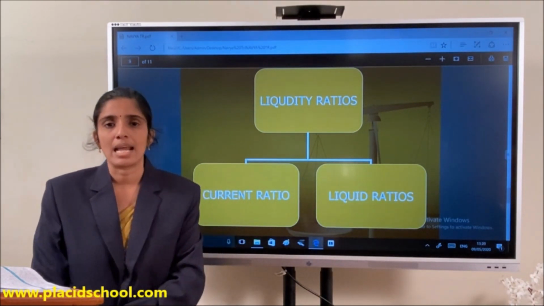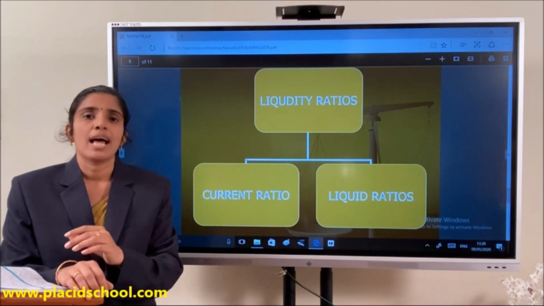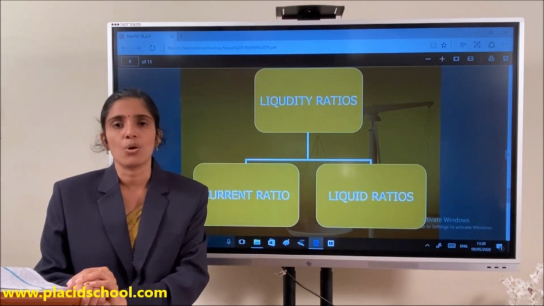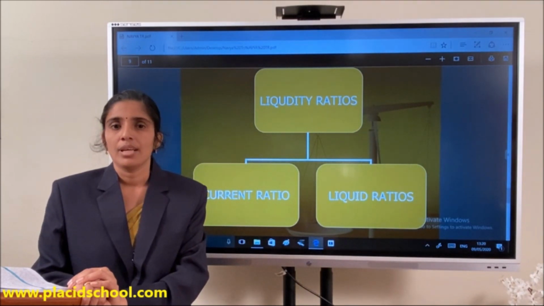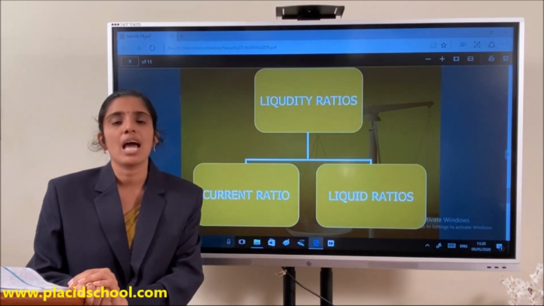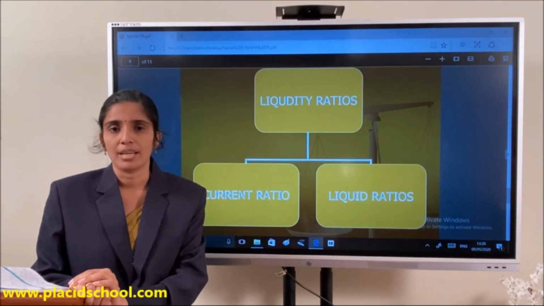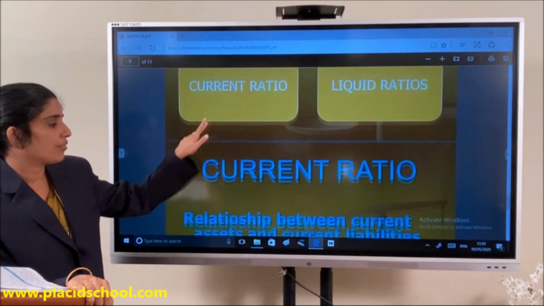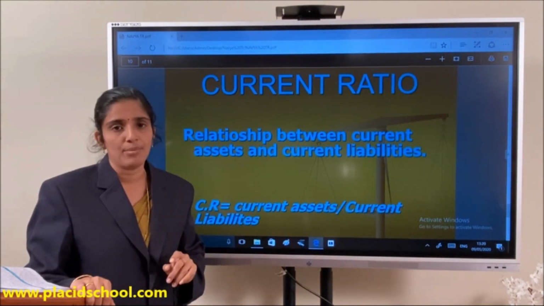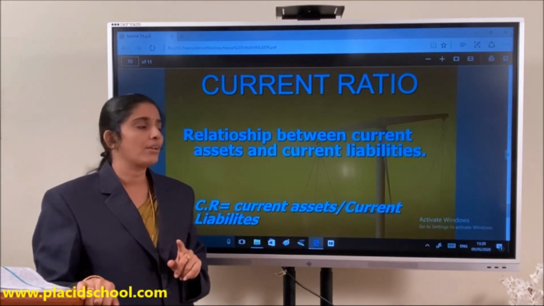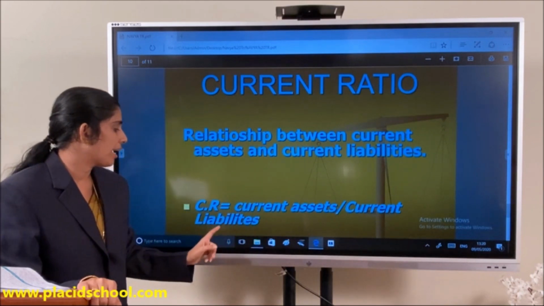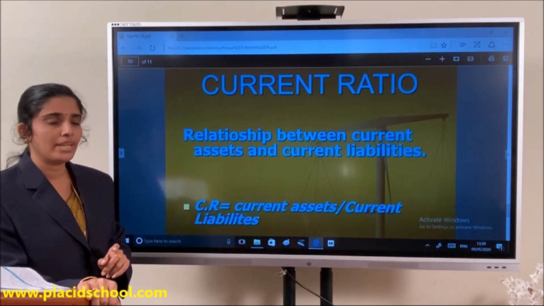We know what is a current asset. Current assets means assets which can be converted into cash within 1 year. Then what is a current liability? Current liability means the liability which has to be paid within 1 year. Current ratio is the relationship between current assets and current liabilities. The formula for calculating the current ratio equals current assets divided by current liabilities.